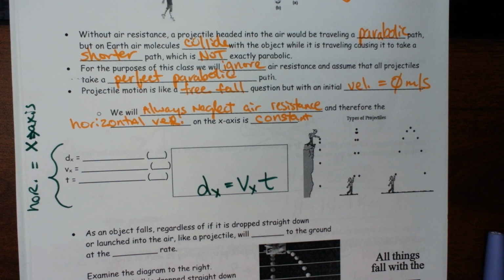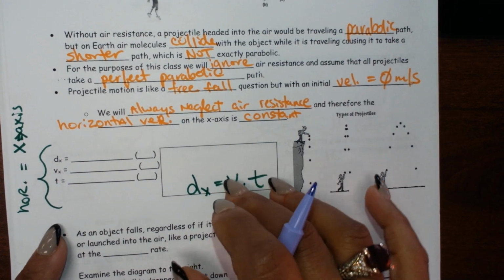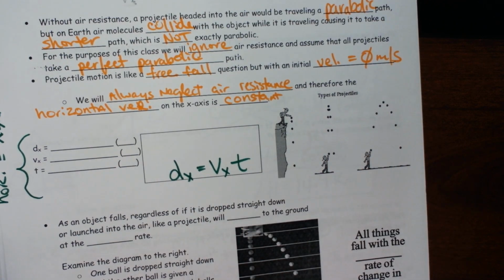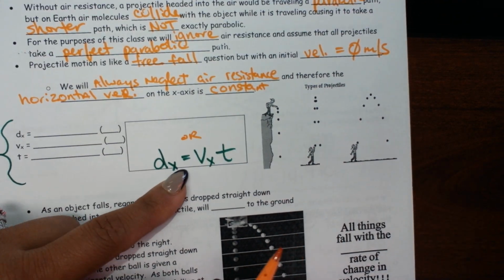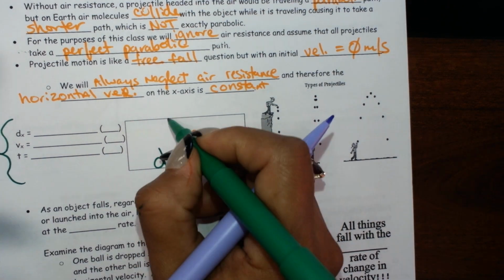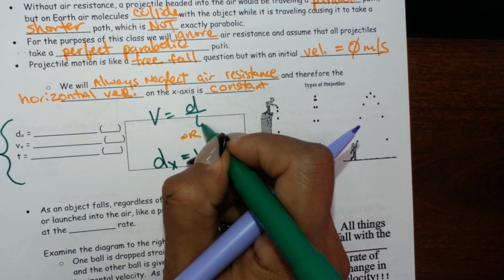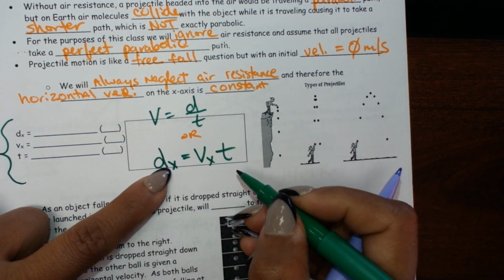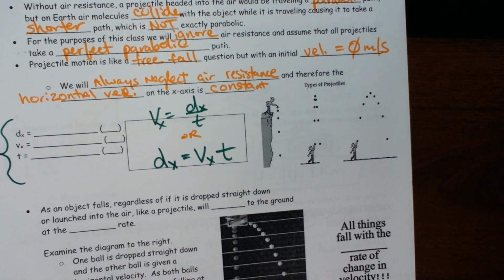This equation you've seen already. If you do not like looking at it this way, the other way you can look at it is, what is it, Aiden? Because we're talking about the x direction, that's the reason why the sub x is there, just distinguishing that we're talking about the horizontal.